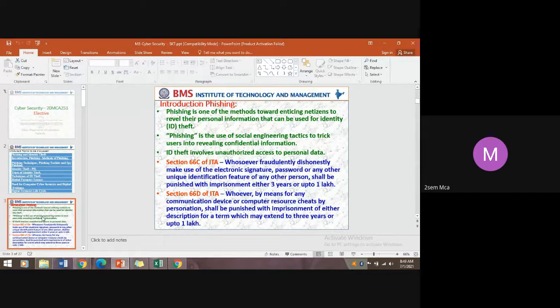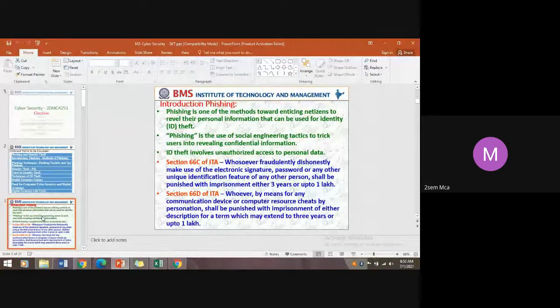So ID theft involves unauthorized access to personal data. So again, everywhere the Indian Information Technology Act comes into the picture. Phishing attacks are about touching upon individual credentials and organizational credentials, like identities.